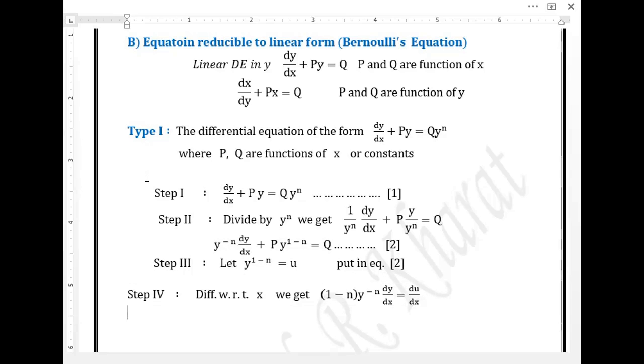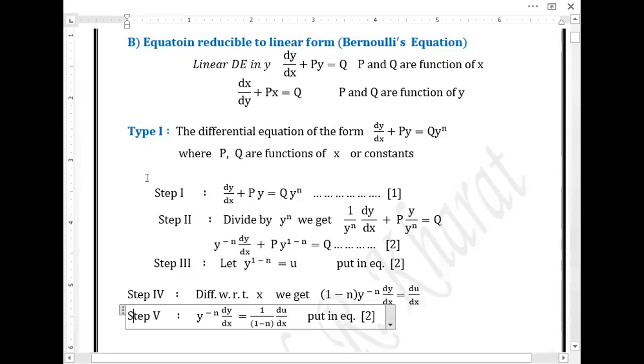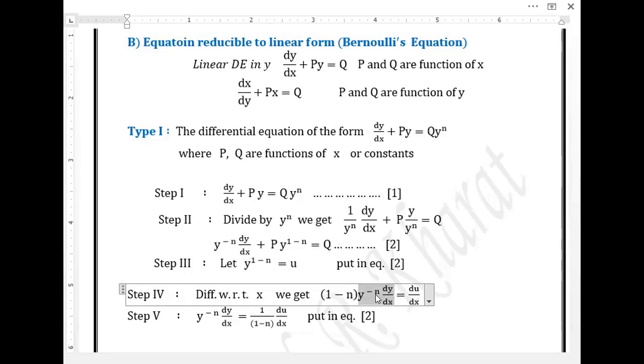Then we have to replace all these values in the given differential equation, that is in equation number 2. So we get y^(-n) dy/dx = 1/(1-n) du/dx. We calculated the value of y^(-n) dy/dx, and we have to put this value in equation number 2.